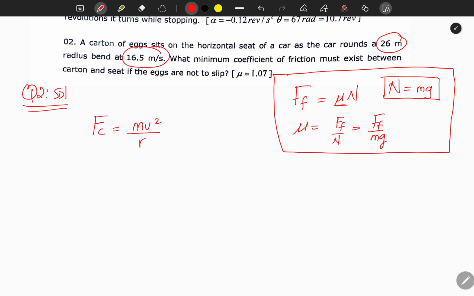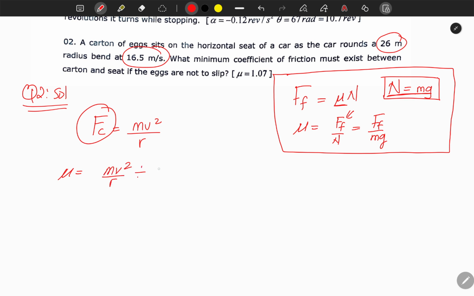So this which we have here is mu, the coefficient of friction, which is friction force over normal force. The normal force is related to the weight of an object, which is mg. Now, in our case, the friction force is just the centripetal force. So if we substitute it there, we end up having mu is equal to mv squared over r.